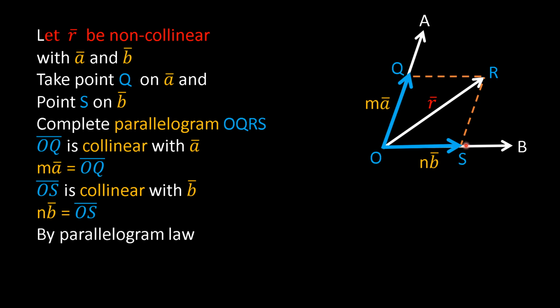By parallelogram law, we write OR bar equals OQ bar plus OS bar. That is, r bar equals m a bar plus n b bar.